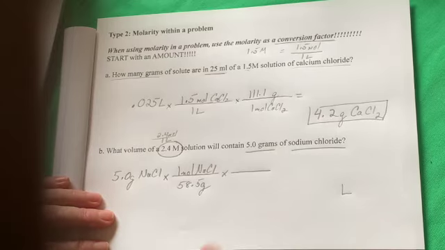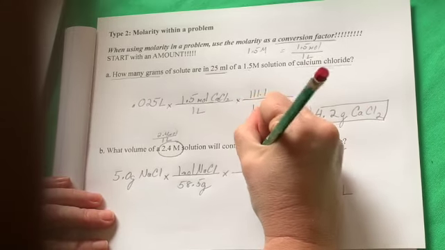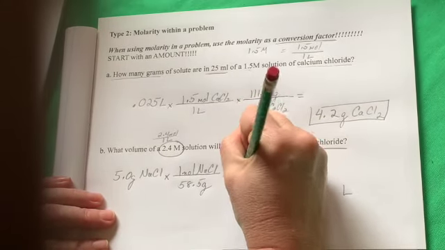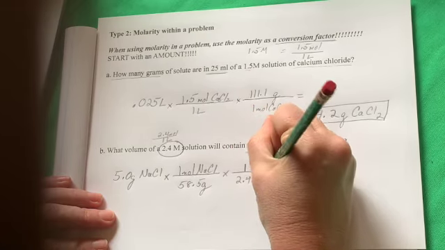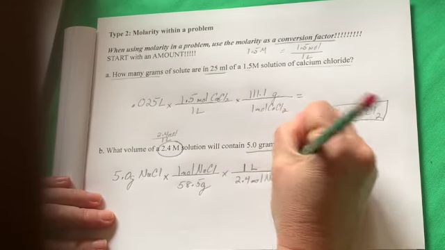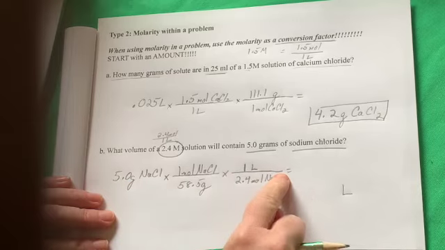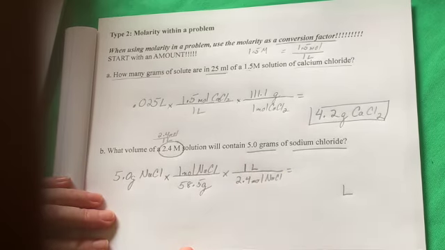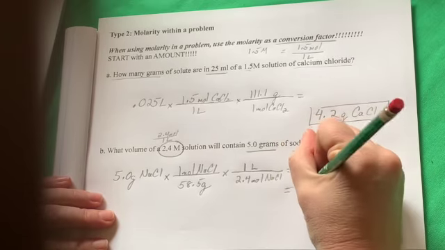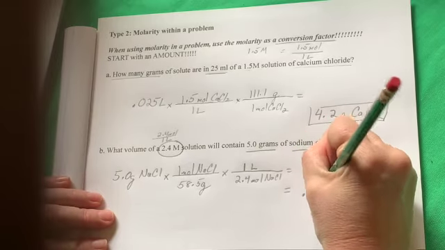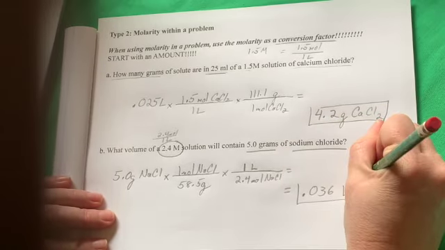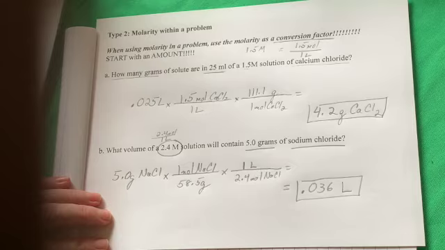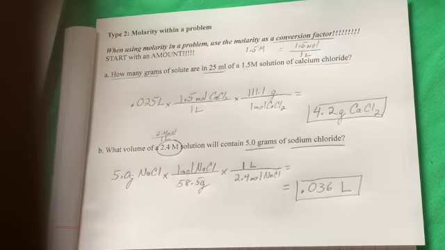I can also flip that upside down, and that's what I'm going to do here: for every 1 liter, I have 2.4 moles of sodium chloride. I'm going to multiply everything on the top, divide it by the product of the bottom, and you should get as your final answer 0.036 liters.